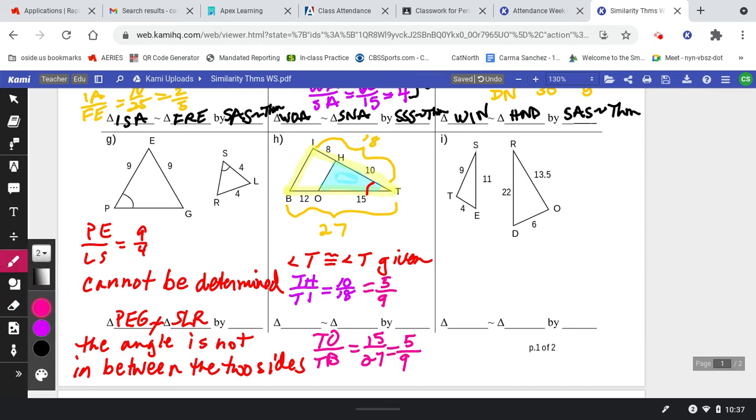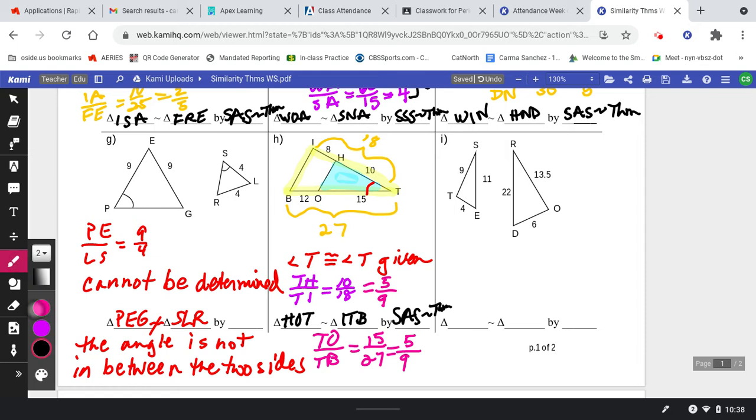So we can say that triangle HOT is similar to triangle ITB by side angle side similarity theorem. So it's like a triangle inside of another triangle. Be careful with those.